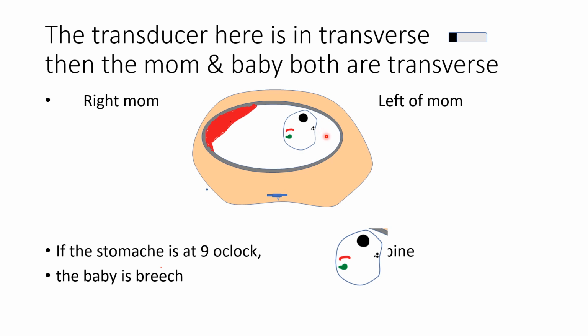So what is the position of the stomach? 1, 2, 3, 4, 5, 6, 7, 8. The stomach is 9. So if the stomach is 9, and both in transverse view, or transverse image, so it is breech.